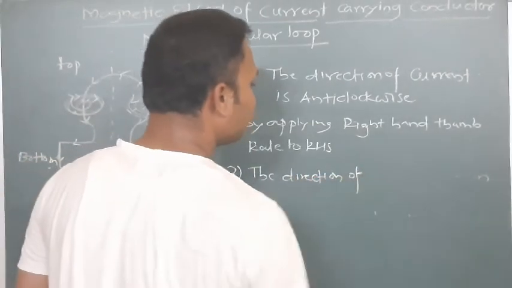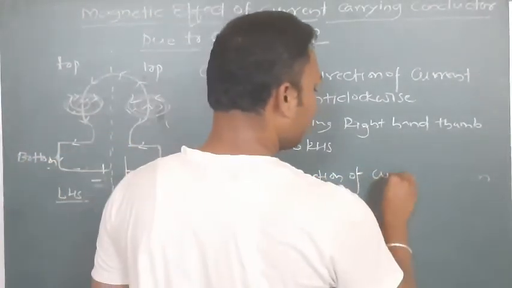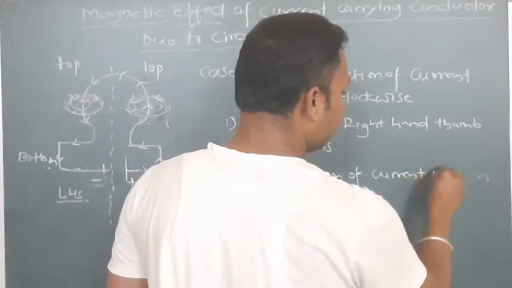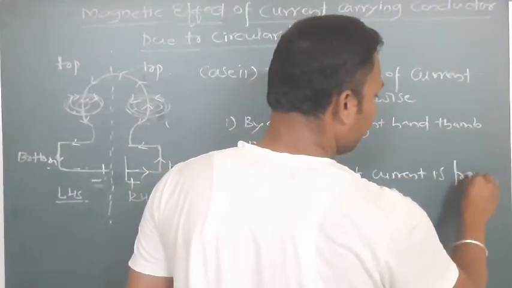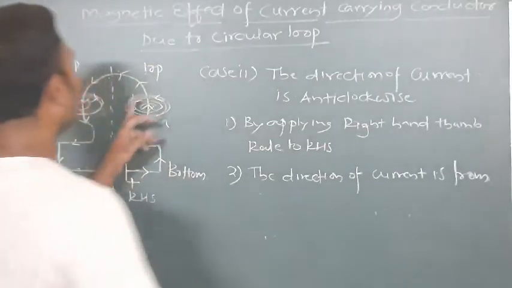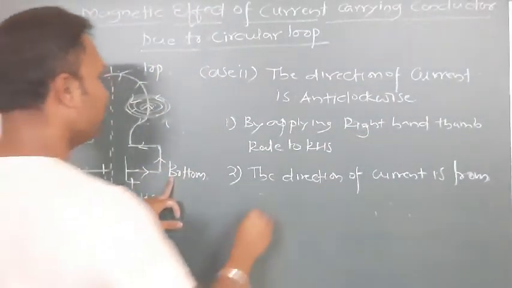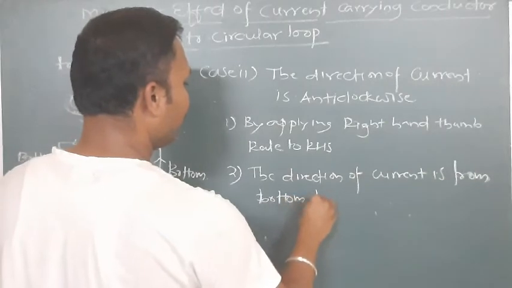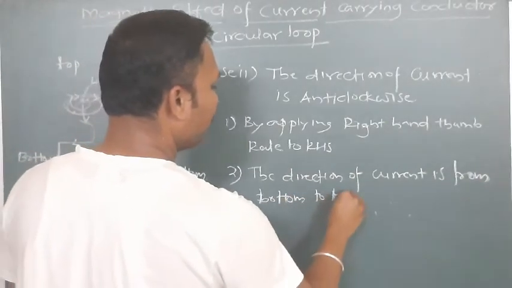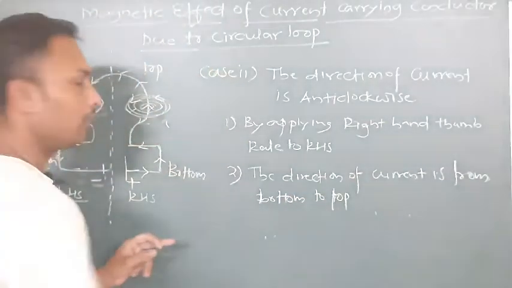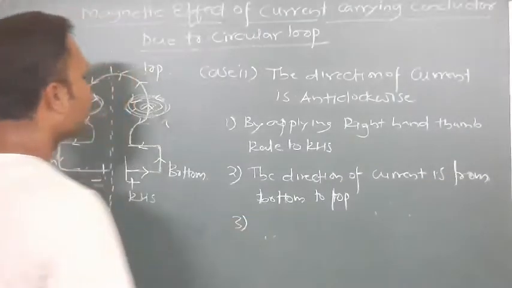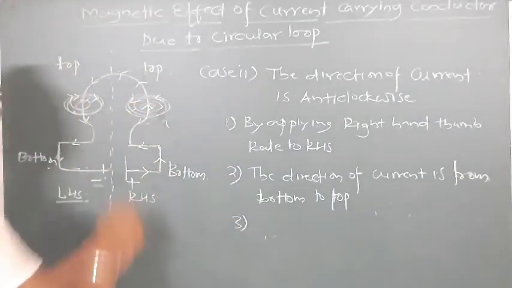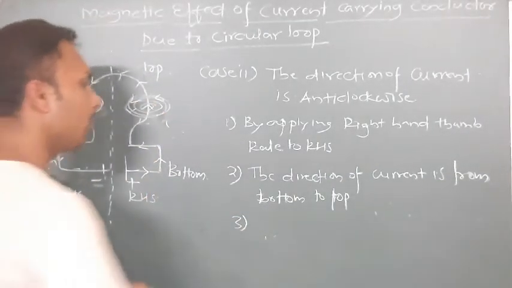Now we can say the direction of current is from bottom to top. Then the magnetic field is what? Is it clockwise or anti-clockwise? It is anti-clockwise.